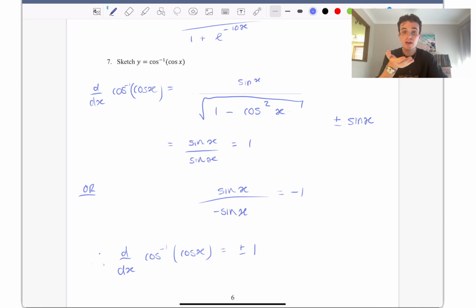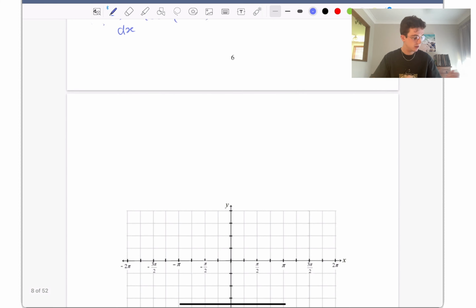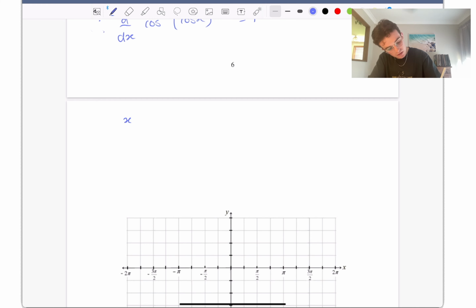Now, a graph that has a gradient of 1 is really just like the line y equals x, and a gradient of minus 1 is the line y equals minus x. So what we might do is draw a table of values to aid our understanding. So x and y, and we might substitute in 0, pi on 2, pi, 3 pi on 2, and 2 pi.